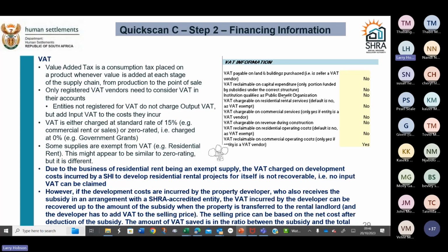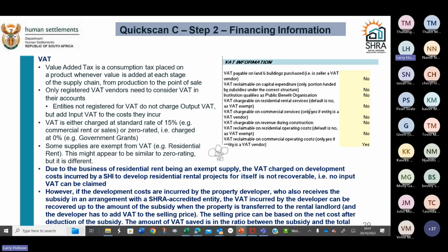The VAT, it doesn't matter if you're a public benefit organization or not. Public benefit organization only matters for company tax, income tax, in other words. VAT chargeable on residential rental services. Default is no. Residential rental is always VAT exempt. And I'll explain in the notes when we go through the difference between zero rated and exempt and why it's important to draw the distinction.